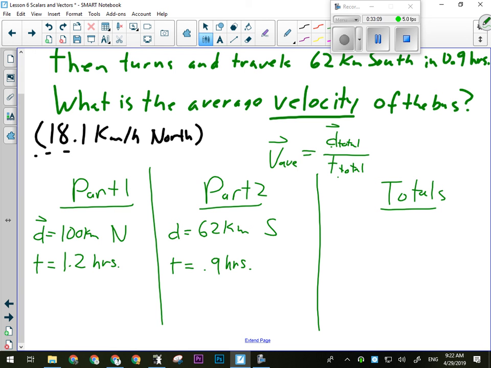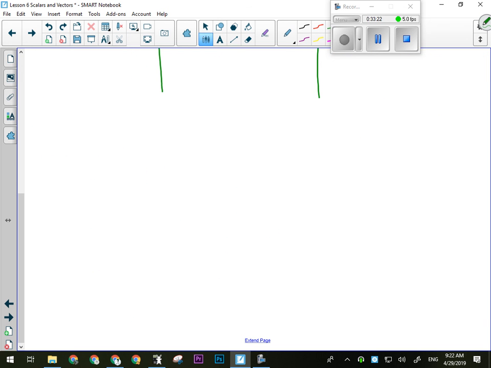Yeah. I went 100 kilometers north, and then I went 62 kilometers south. How far did I end up from where I started? 38 kilometers north. Okay, because really, if I'm representing this trip with a diagram, I went 100 kilometers north, and then I went back south, so this is where I ended up.